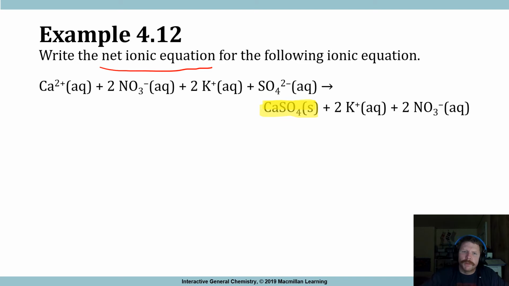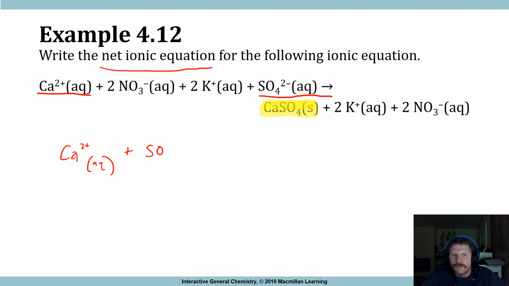If I look at my reactant side, I need to find calcium and I need to find sulfate. Calcium is right here and sulfate is right here. So to write my net ionic equation, I simply write Ca2+ aqueous plus SO4 2- also aqueous yields CaSO4 solid. That's all there is to it.